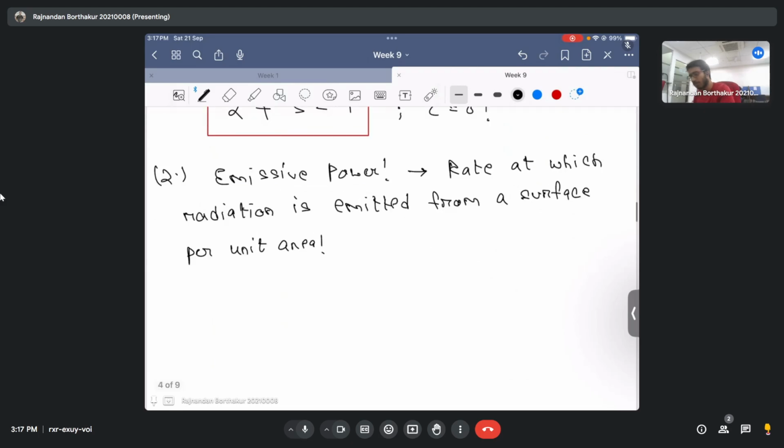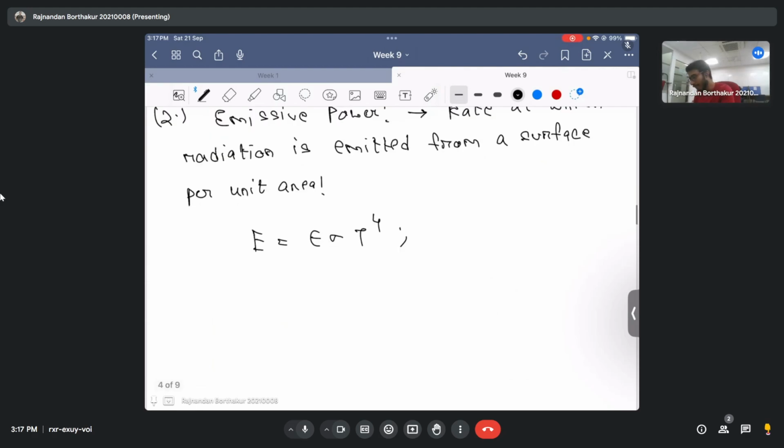It is also a flux, and we denote this emissive power E as the emissivity times sigma times T raised to the power 4. This comes from a very famous law known as the Stefan-Boltzmann law, which says that the emissive power of a body is proportional to the fourth power of its temperature.